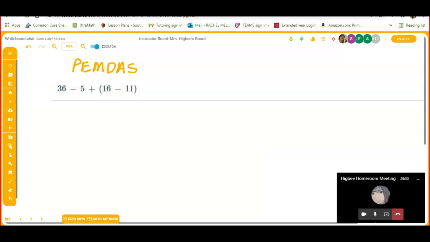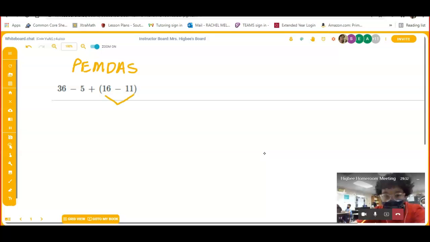Israel, what is 16 minus 11? 5. Thank you. You did not do that correctly. I told you to fix it, but you didn't. Remember, you rewrite everything you haven't used. Have I used the 36? No. Have I used the minus? No. Have I used the 5? No. Have I used the plus? No. Okay, so I can cross off my P.